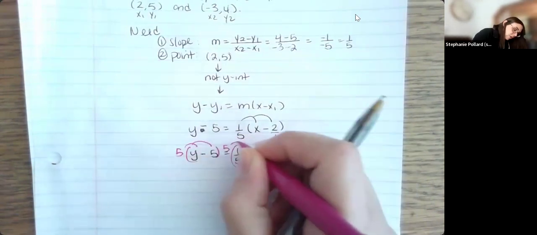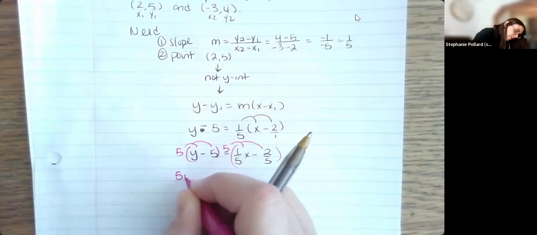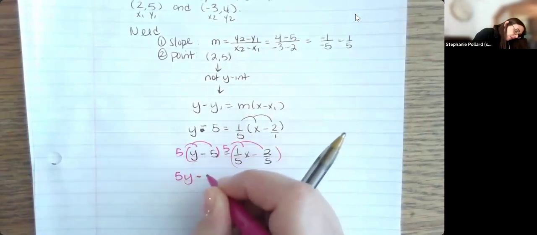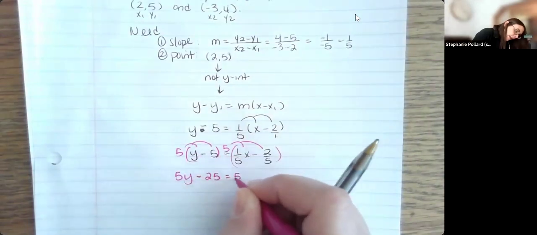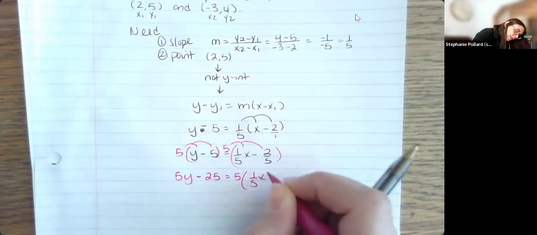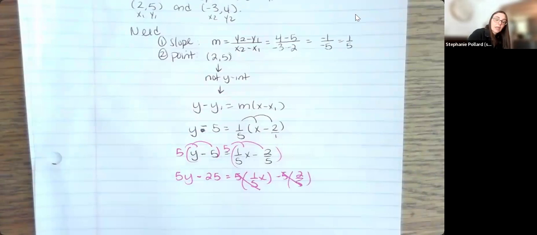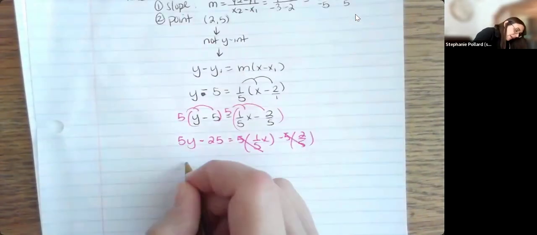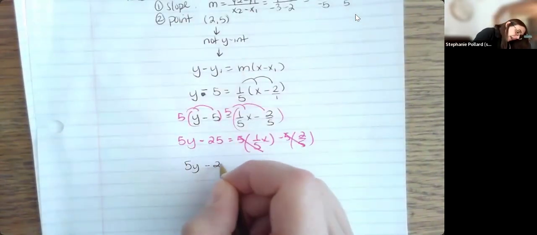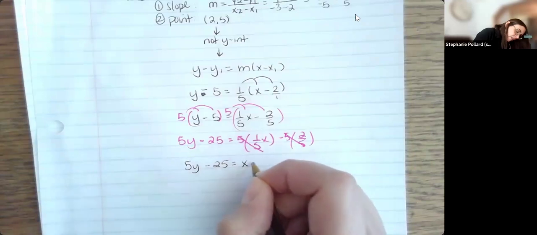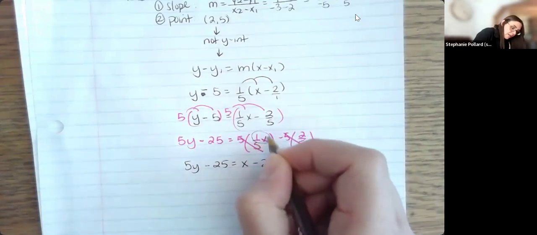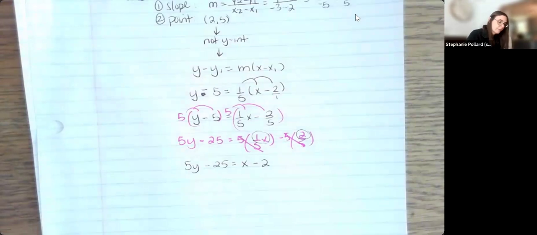So you end up, again, distributing that to all pieces. So I have 5y minus 25. When I distribute to both pieces, those 5s end up canceling. So we end up with 5y minus 25 is equal to x minus 2, right? There's a 1x there, and there's a 2 left here.